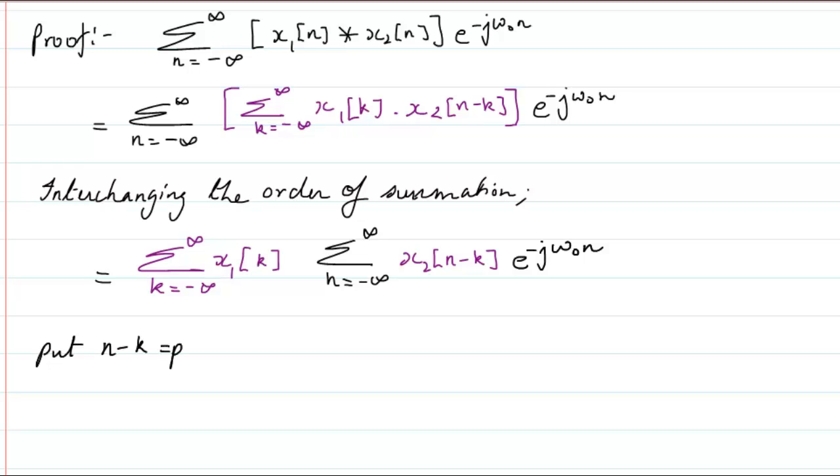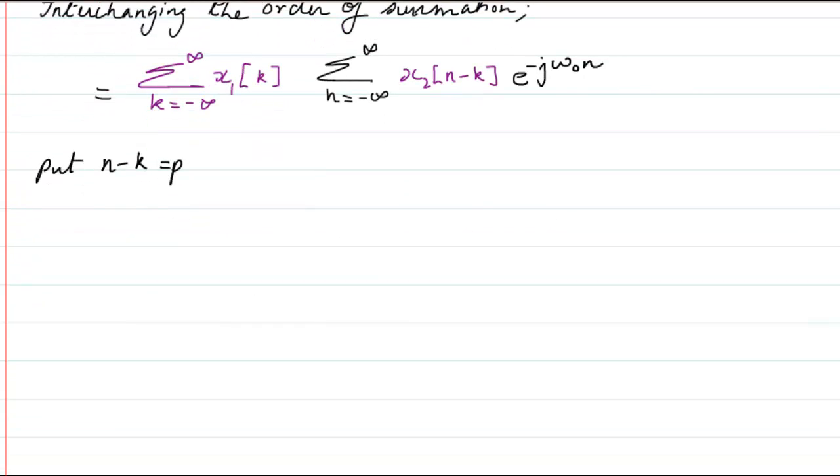Then in that case, let us rewrite the equation. Summation k is equal to minus infinity to infinity x1 of k, and summation n is equal to minus infinity to infinity x2 of p.